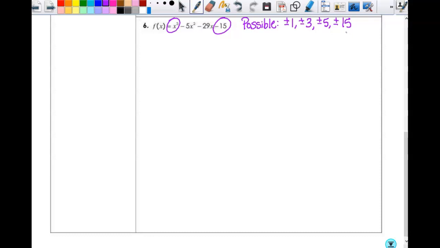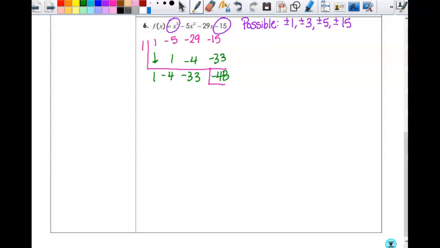And even though this has 4 terms and I could try to factor by grouping, when you do that, it's not going to work out for you. So that's why we have to do the synthetic substitution. So I'm going to start with 1. My coefficients are 1, negative 5, negative 29, and negative 15. Then we should be able to run through this pretty quickly. 1, 1, negative 4, negative 4, negative 33, negative 33, negative 48.